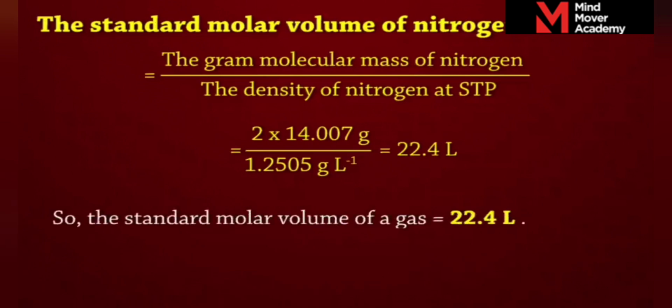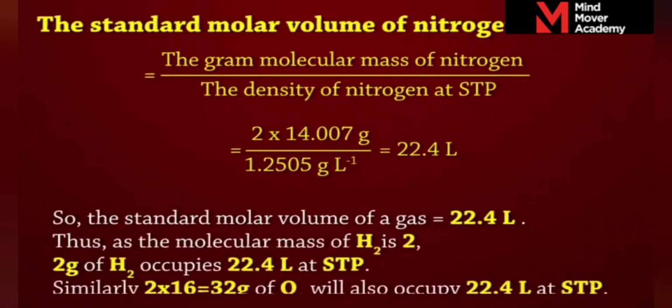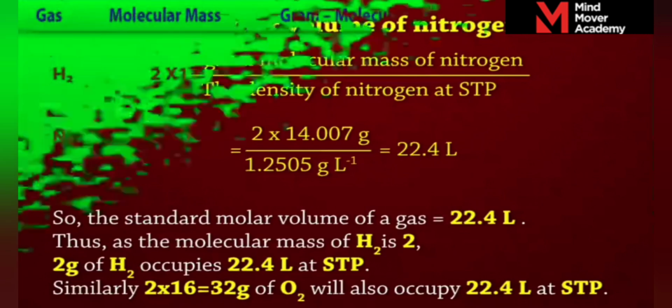So the standard molar volume of a gas is equal to 22.4 liter. Thus, as the molecular mass of hydrogen is 2, 2 grams of hydrogen occupies 22.4 liter at STP. Similarly, 2 into 16 is equal to 32 grams of oxygen will occupy 22.4 liters at STP. Some more examples are in the table.